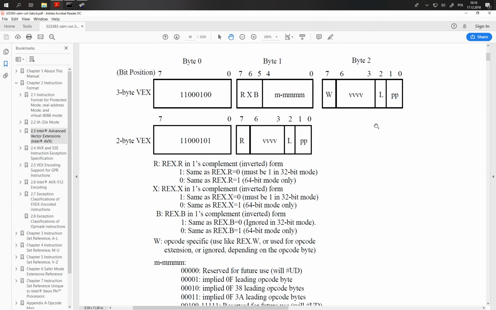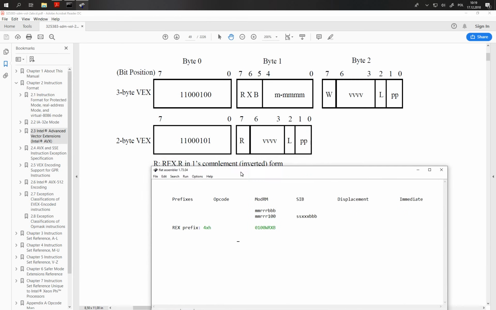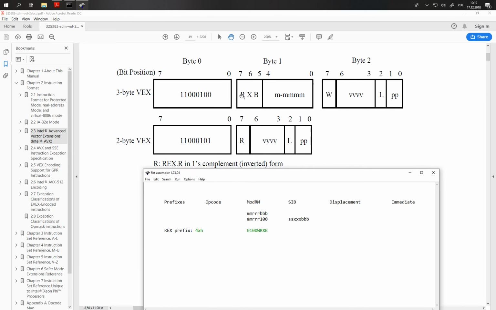And then when we move to AVX, we again have this RXB as in REX prefix within VEX prefix.